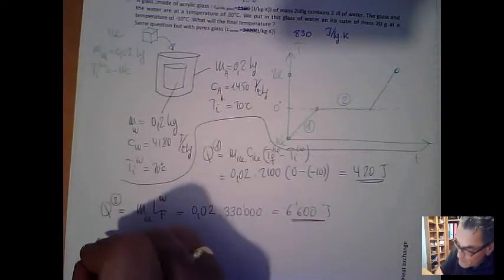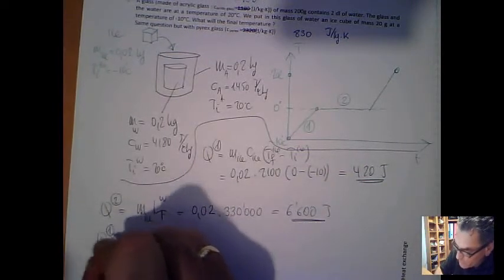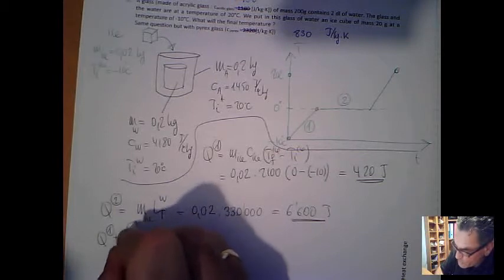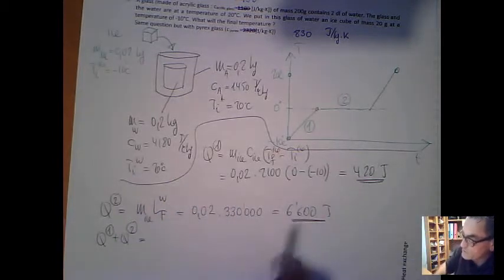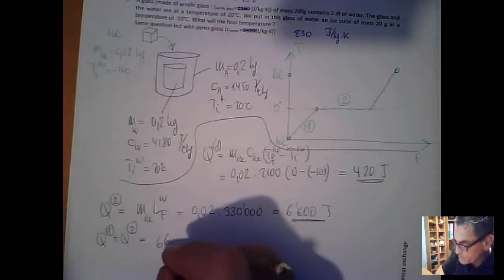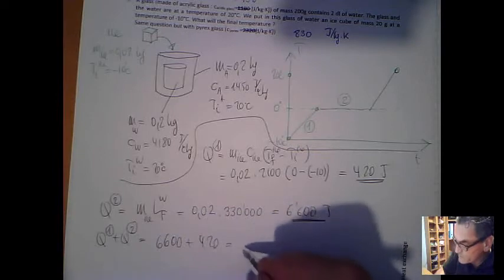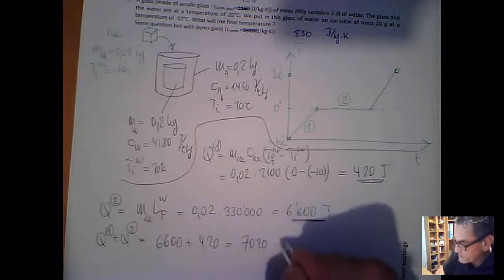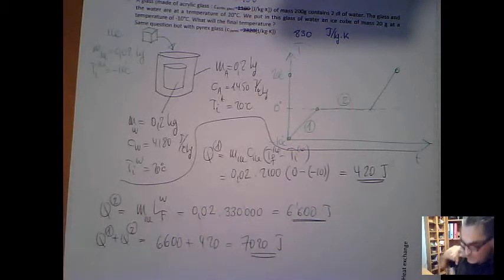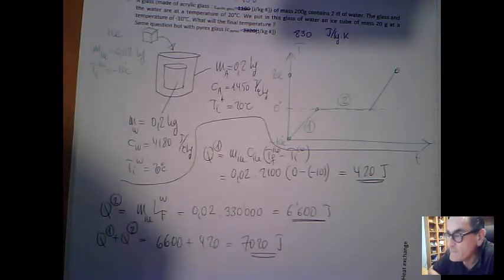So now we have Q1 plus Q2. How much is the energy which is necessary for the ice cube to warm up and melt? It's going to be 6,600 plus 420, and that's 7,020 joules. Good.